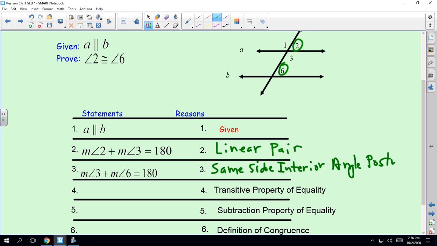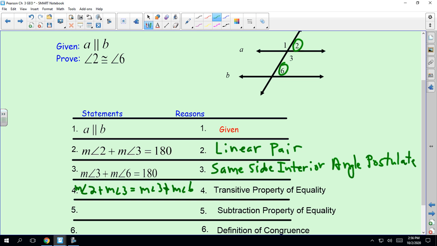You guys are welcome to abbreviate as long as I can tell what the word is with your abbreviation. Because of these two expressions, we have a measure of angle 2 plus measure of angle 3 equals 180, and measure of angle 3 plus measure of angle 6 equals 180. We're going to set them equal to each other. So we've got measure of angle 2 plus measure of angle 3 equals measure of angle 3 plus measure of angle 6.